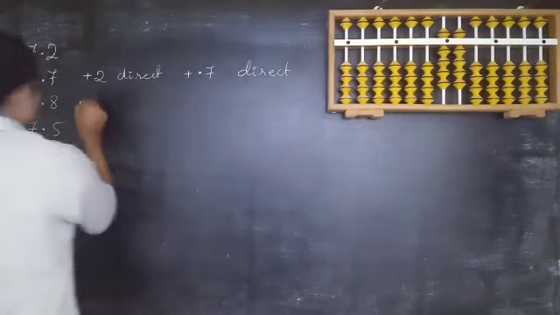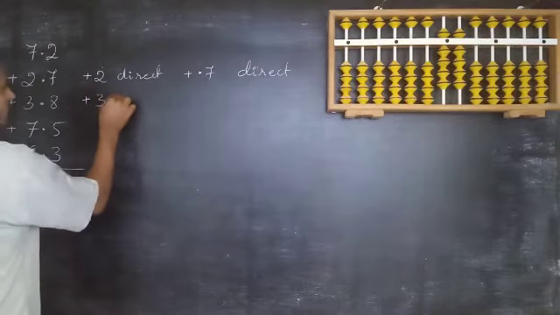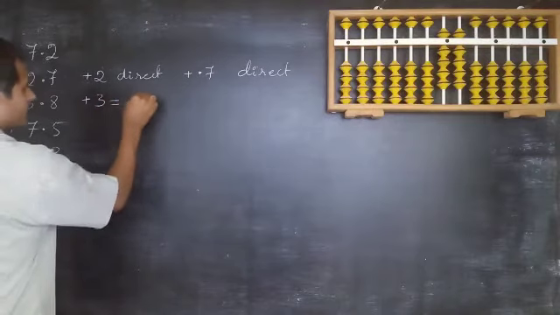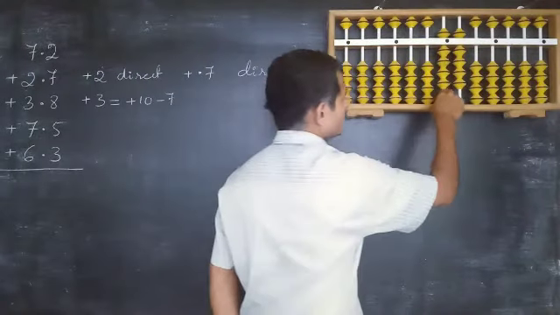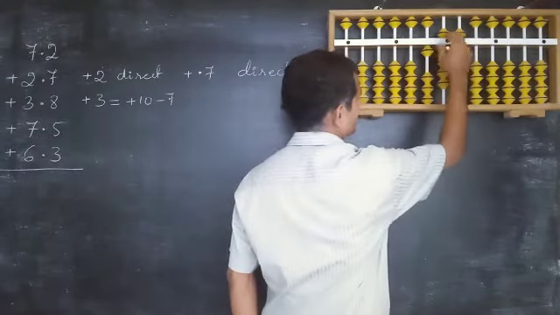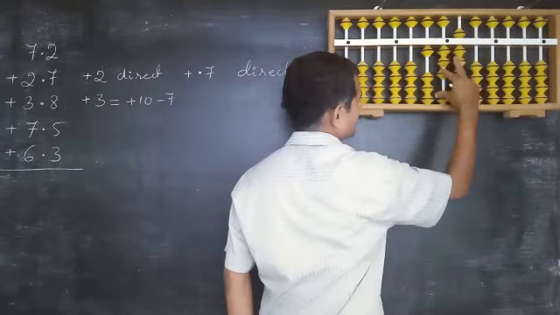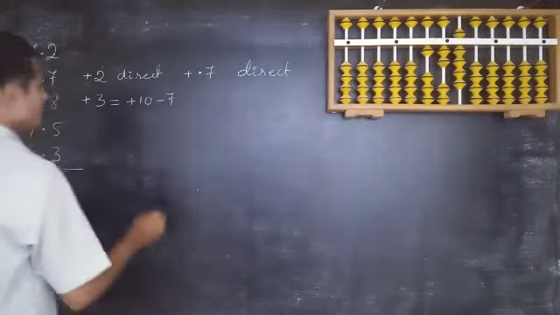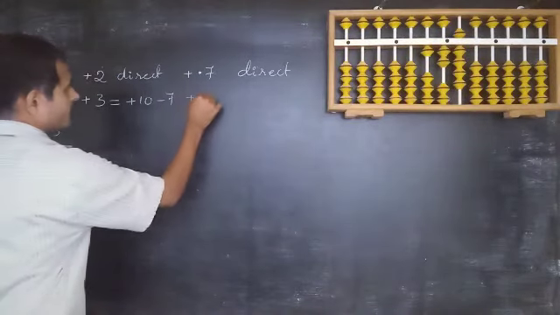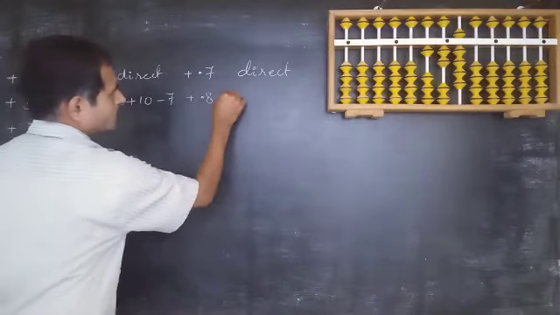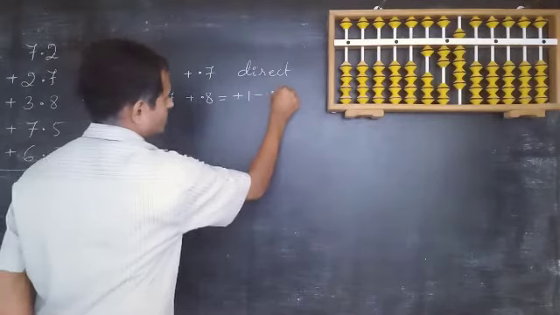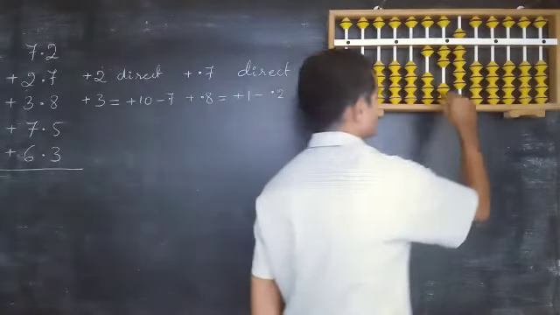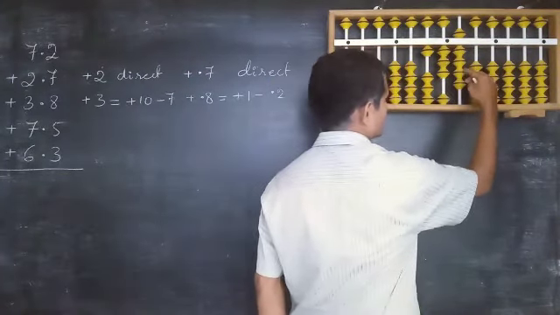Plus 3.8, plus 3 is equal to plus 10 minus 7. Plus 0.8 is equal to plus 1 minus 0.2.